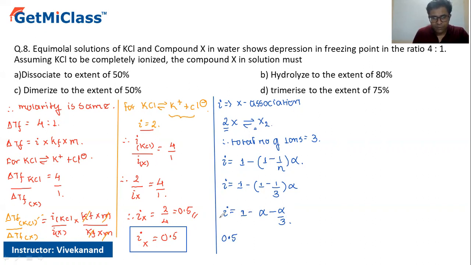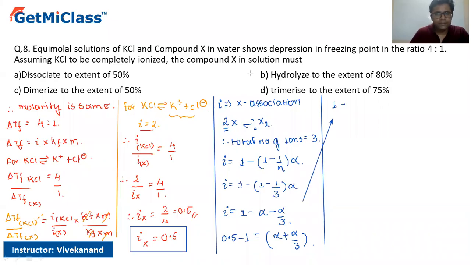Now, if I take this particular term to the other side, we have alpha, and this negative term gets inside, so plus alpha by 3.